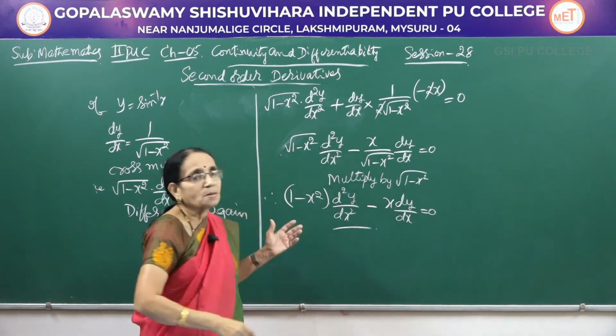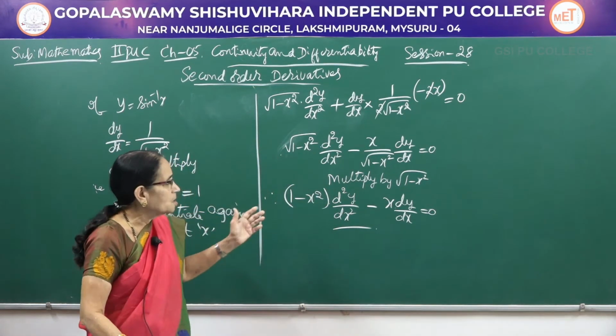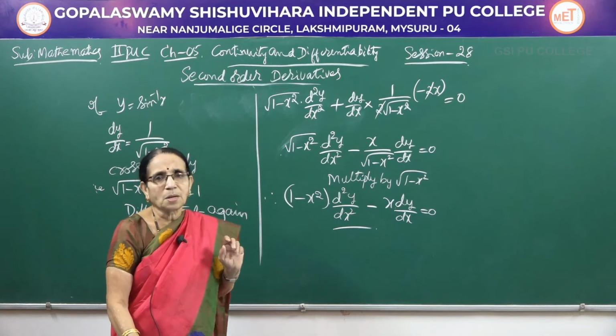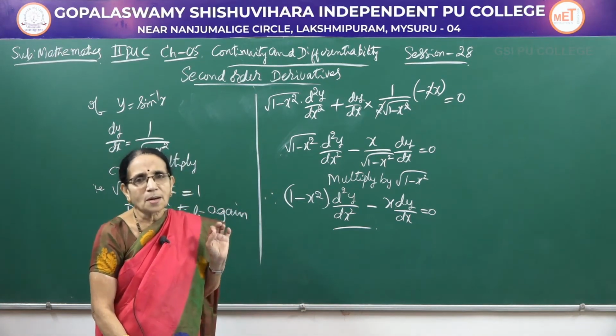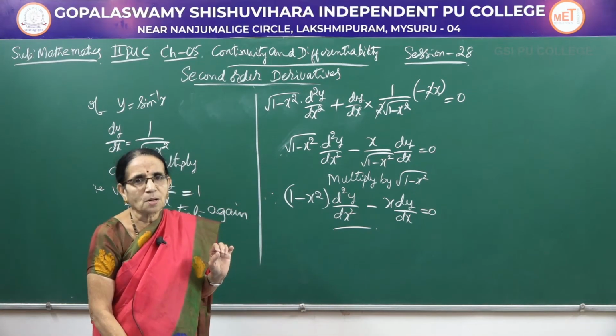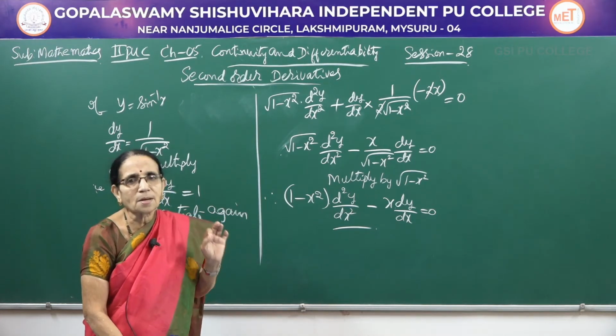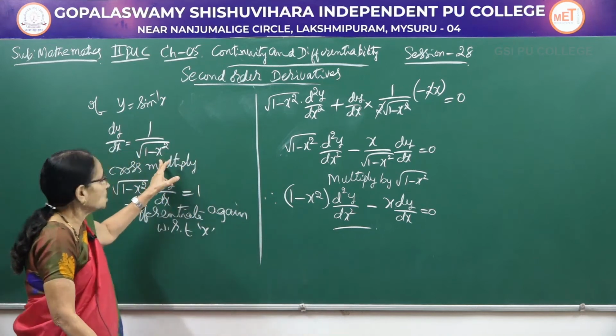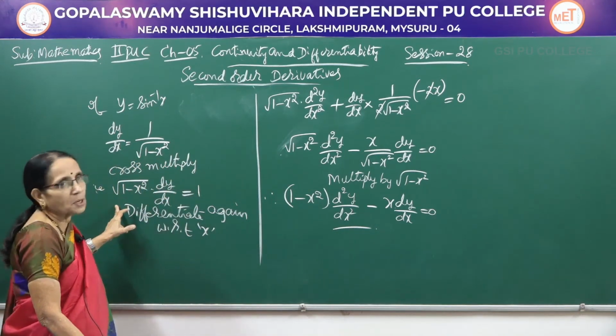You observe this is the required result, isn't it? So, this hint is always better to remember. Whenever we are having an inverse trigonometric function, and we are asked to calculate the second derivative when a particular result is expected, as soon as you do the first differentiation, cross multiply.